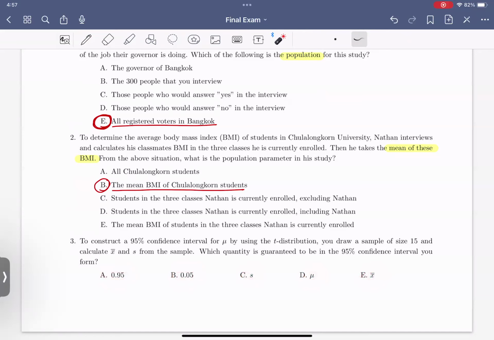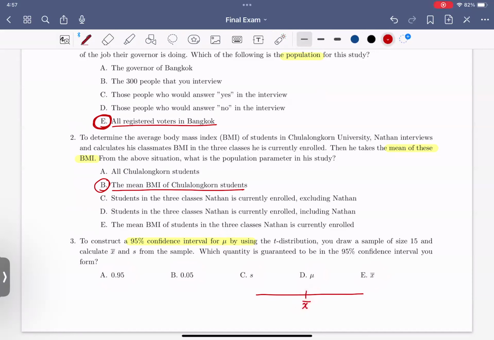If you build a 95% confidence interval for the mean, the thing that is going to be in the middle is X bar, right? The point estimate for the mean is X bar, so X bar is going to be in the middle.